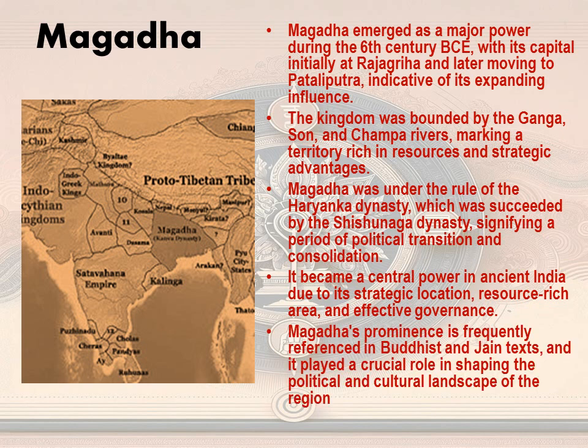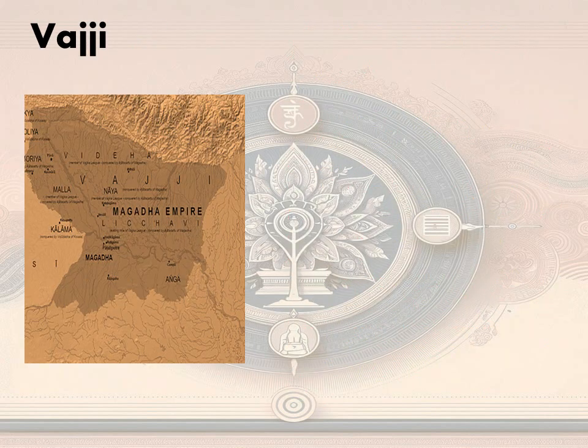Magadha's prominence is frequently referred to in Buddhist and Jain texts, and it played a crucial role in shaping the political and cultural landscape of the region. In our next video, we will focus solely on how Magadha rose to power and slowly conquered all the other Mahajanapadas. Vajji. So this is another important territory.